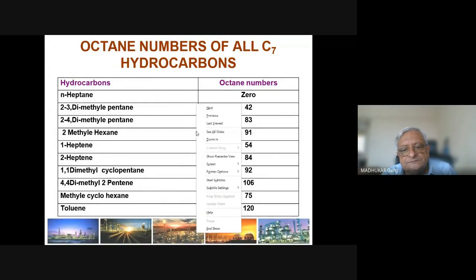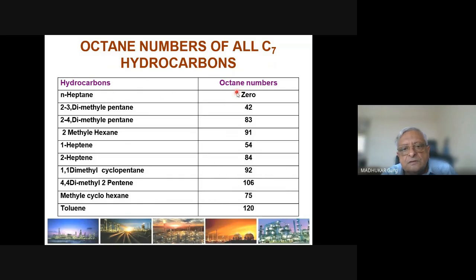For example, if you look at normal heptane, it is zero. Then, as you go up in terms of branching, 2,3-dimethyl pentane is 42. As you go up to methylhexane, it is 91. If you look at toluene, it is 120. And methylcyclohexane is 75. 4,4-dimethyl-2-pentene: this is not only an olefin but has double branching at the second position of the carbon. 1,1-dimethyl cyclopentane is a naphthene with a double branching here.